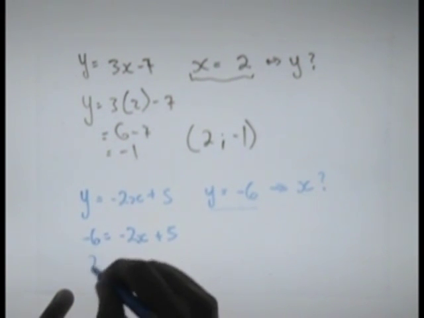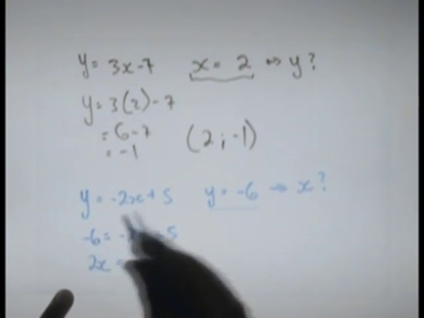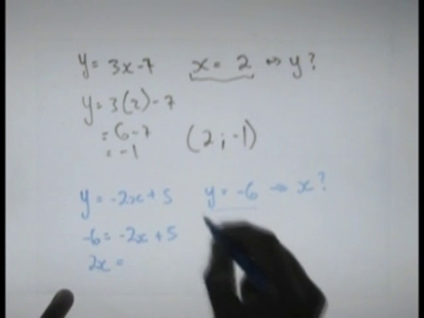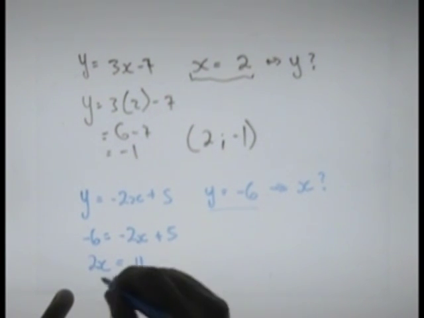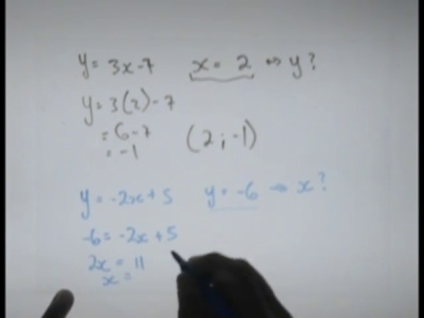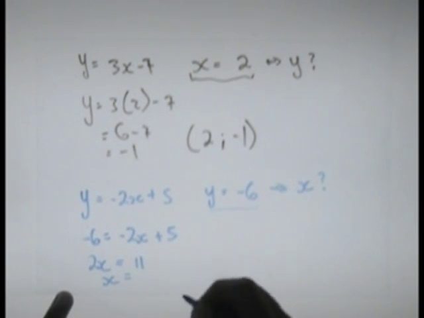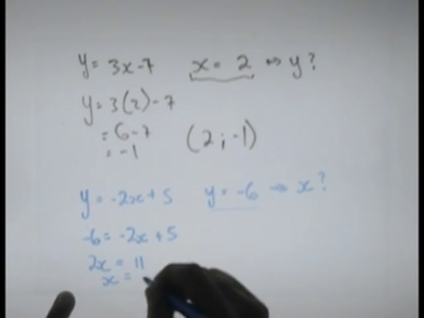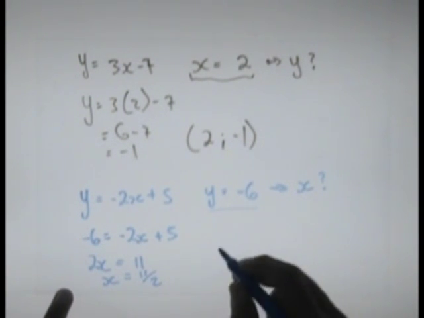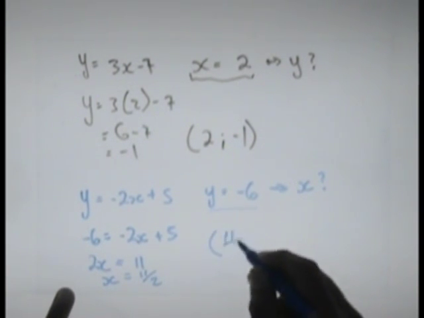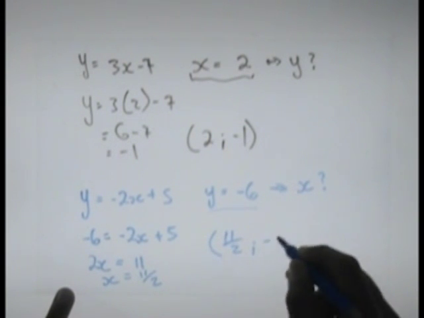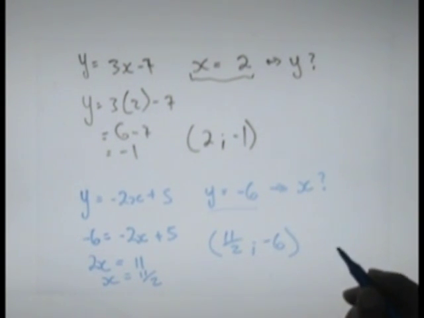Take the -2x across to make it positive 2x is equal to 5 plus 6, which is 11. That means that x is equal to 11 over 2. That means that our coordinates here are 11 over 2 and a y value of -6.